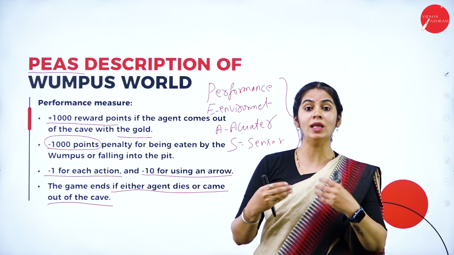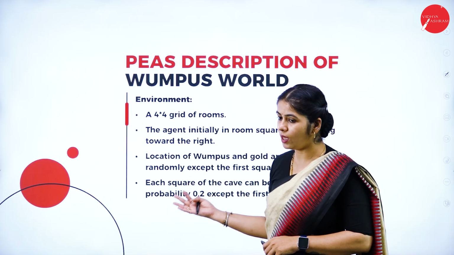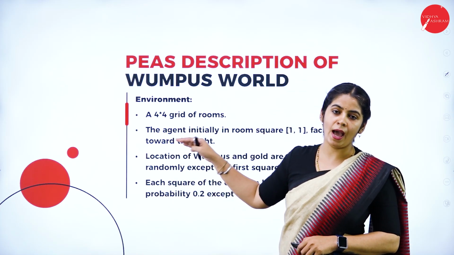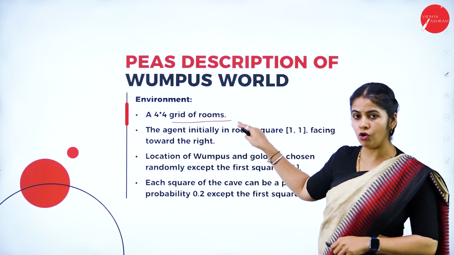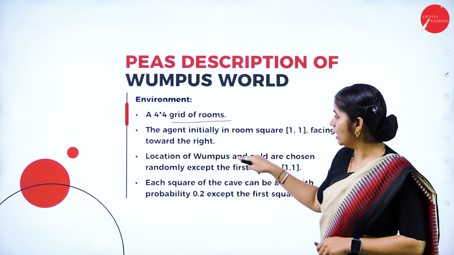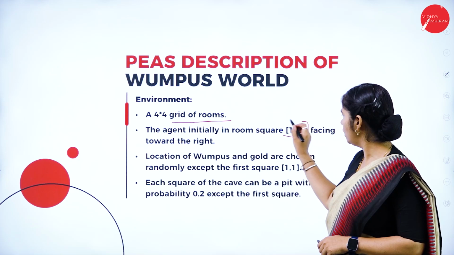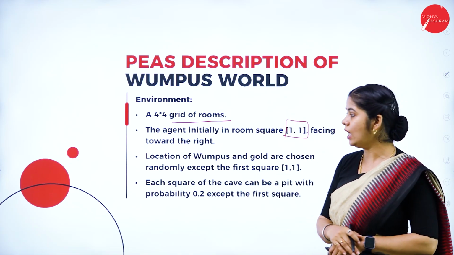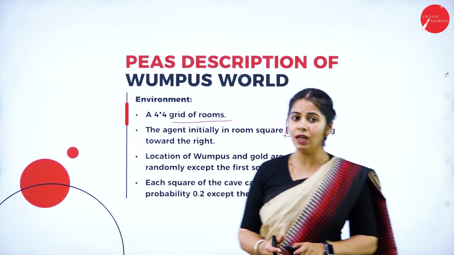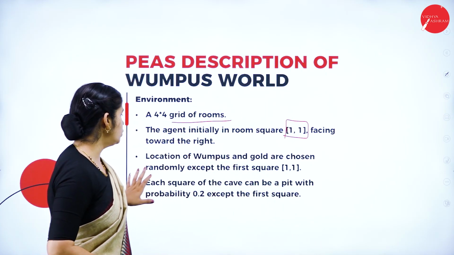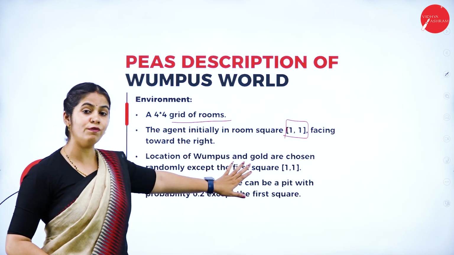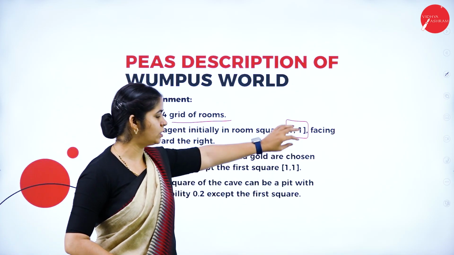Now, coming to the environment we are providing to the agent. First, it has a 4x4 grid, the cave grid of rooms. The agent is initially in room 1,1, which is a safe room for the agent. We have to find the location of the Wumpus and the gold, chosen randomly, except the first square, because the first square is already safe.